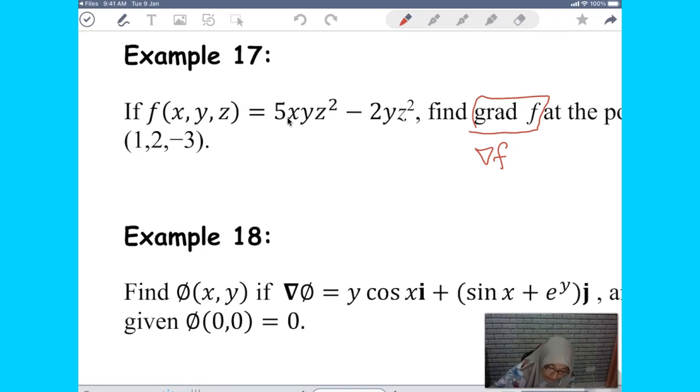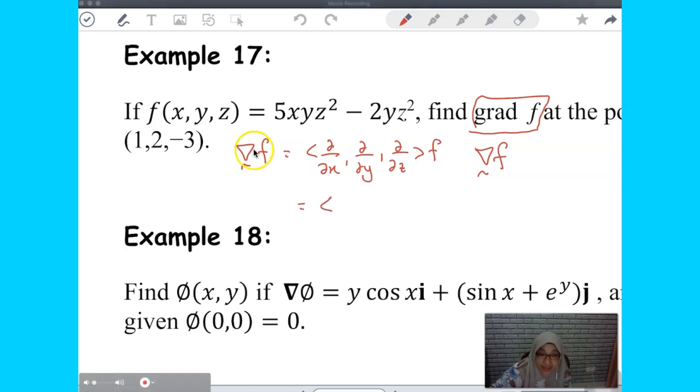Okay, so in this case, we know that the gradient is a vector operator, and the nabla should have the symbol of a vector. So the gradient f will give you the operator del x, del y, del z, and then you have the f, which you just multiply.